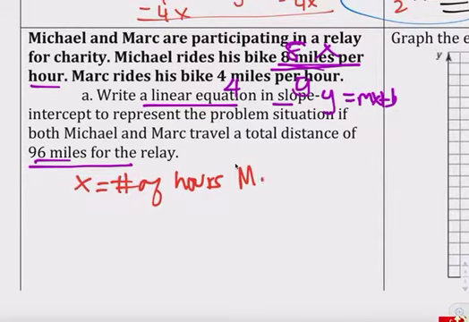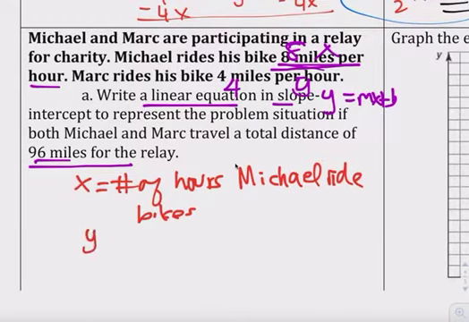Michael rides his bike. Y is equal to Mark's hours riding his bike.